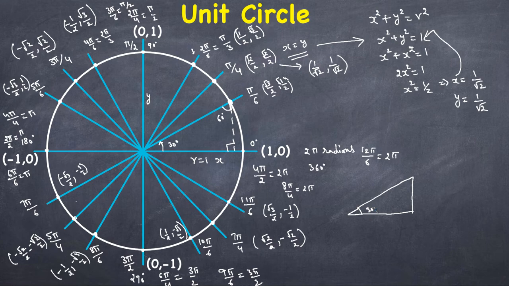30 degrees, 60, 90. So the special 30, 60, 90 triangle is basically the value of your hypotenuse. If this is 1, the hypotenuse is 2, and then this side is going to be root 3. In our case, our radius is basically 1.